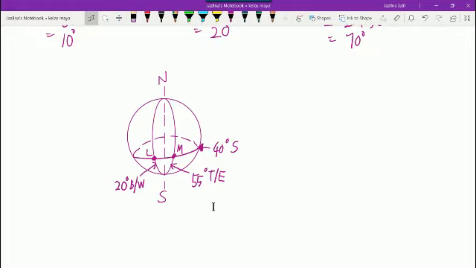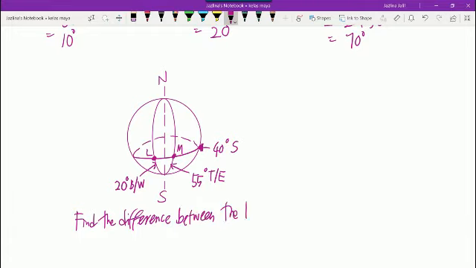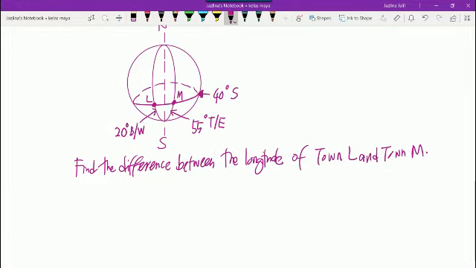And the question is, find the difference between the longitude of town L and town M. Yeah, I know we have three values. Which value do you want to use? Remember.